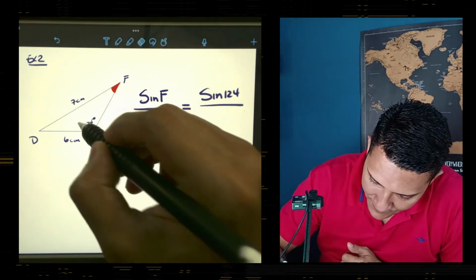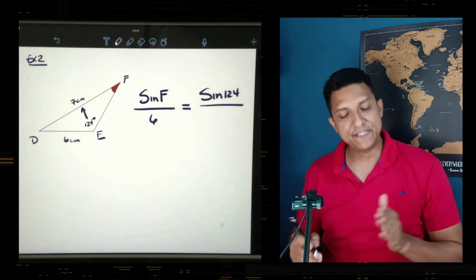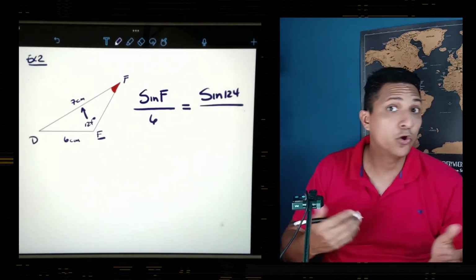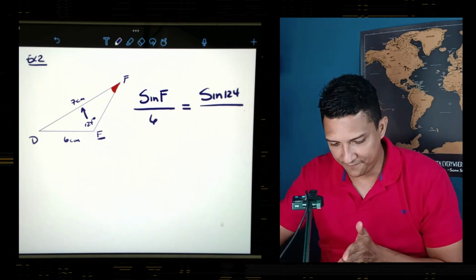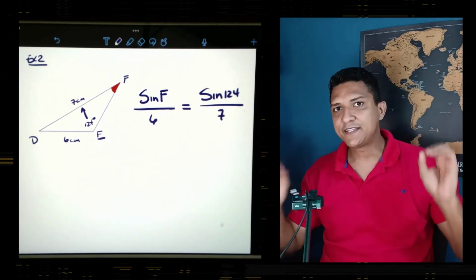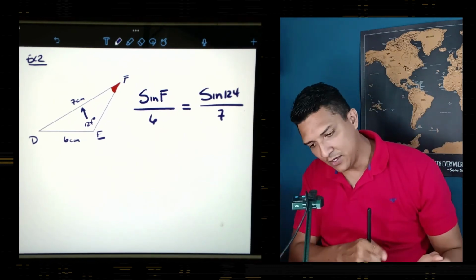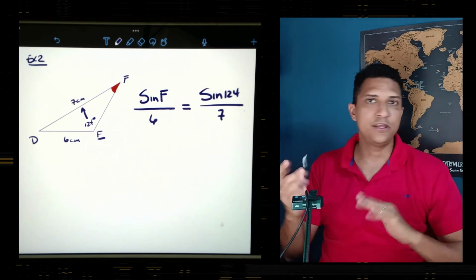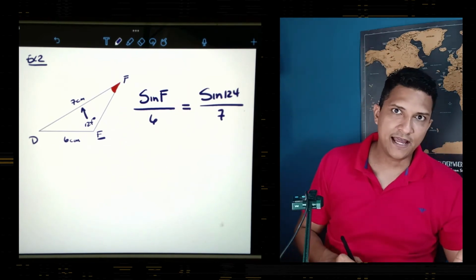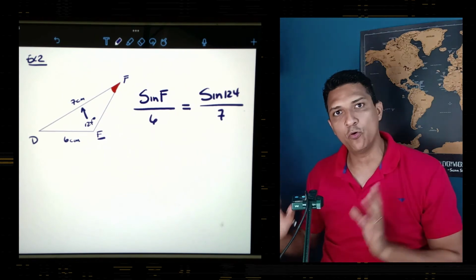The opposite side of the angle E is the side we can call lower e, or DF, so in other words, 7. That's the key: angle, opposite side, angle, opposite side. Or the other way, side, opposite angle, side, opposite angle. Always in the same order.